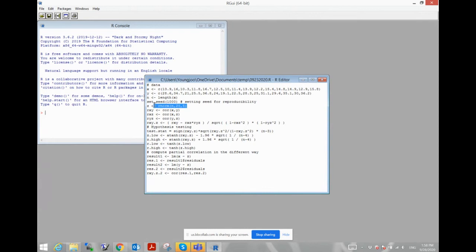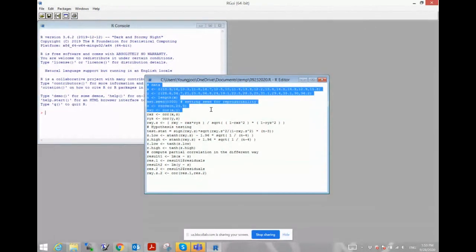This is the third variable, and we can calculate the correlation of x and y, x and z, and y and z. And we can compute the partial correlation r_xy.z.